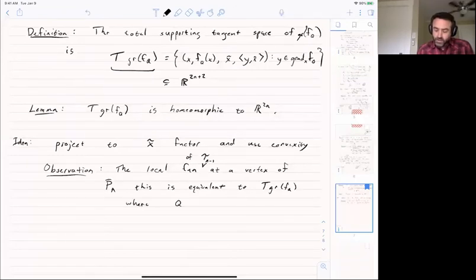Q is going to be a product of two simplices. So I'll just say maybe K. So this gives us some control over what the local structure looks like near these vertices of the phase tropical variety.